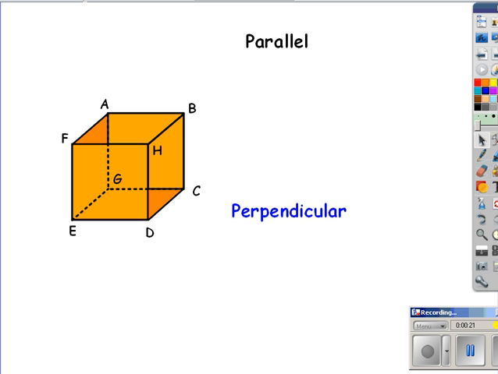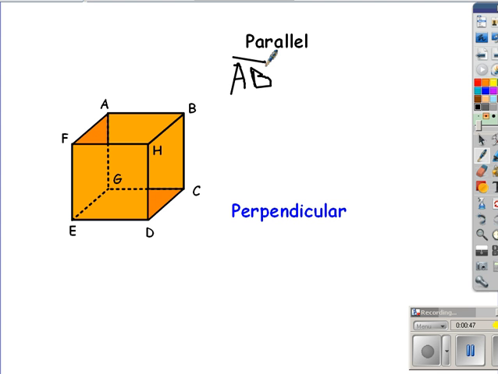So if I pick a line, let's say I want to talk about line segment AB. Line segment AB is going to be parallel to a couple different lines in this figure. If you recall, parallel means that the two line segments will never intersect, and essentially they're going in the same direction. They lie in the same plane, is what we say.